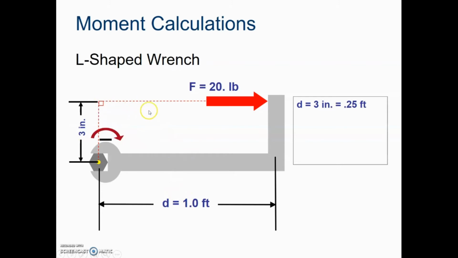If I push to the right with that force, that's going to cause a clockwise rotation, a negative moment. So I change my 3 inches into feet. If I dig into my moment calculations, we find it's a negative 5 pound-foot moment rotation.